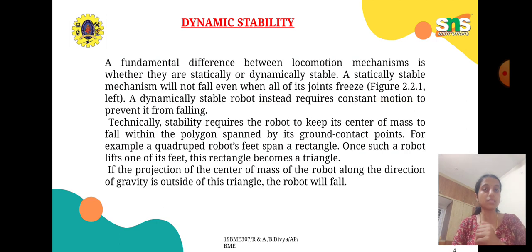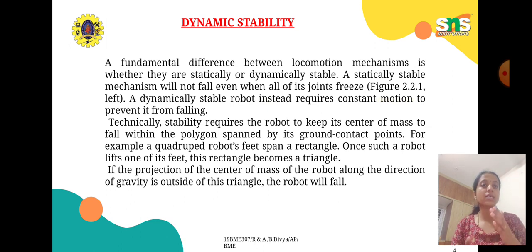Next, dynamic stability. A fundamental difference between locomotion mechanisms is whether they are statically or dynamically stable. A statically stable mechanism will not fall even when all its joints freeze.